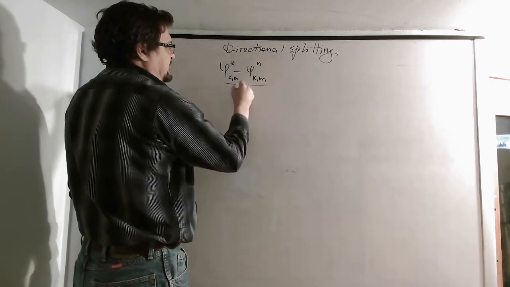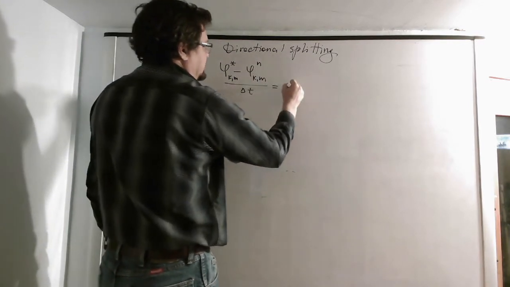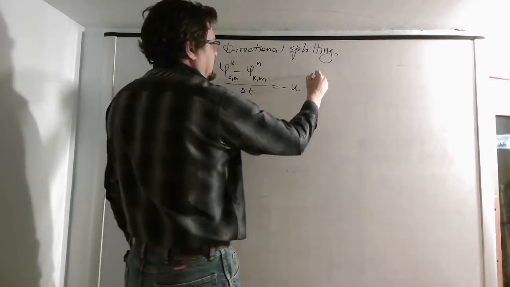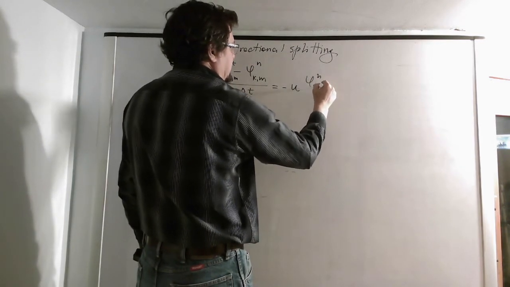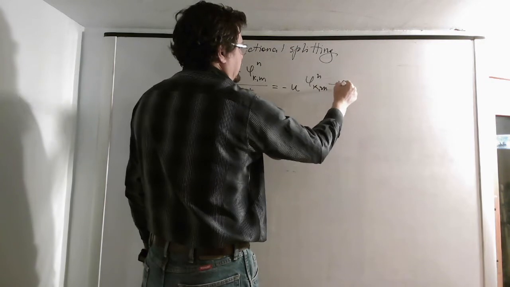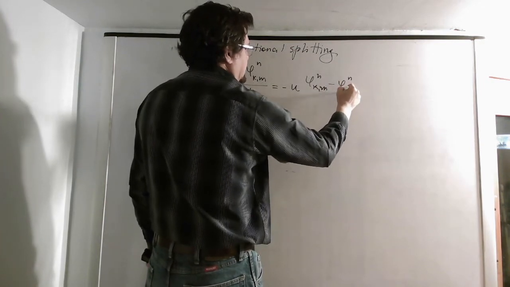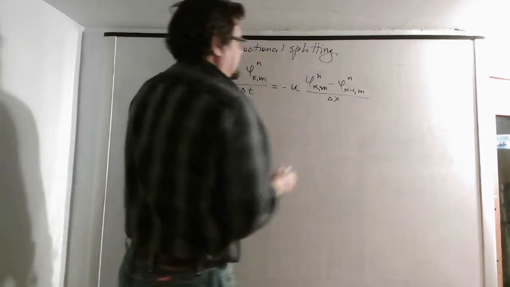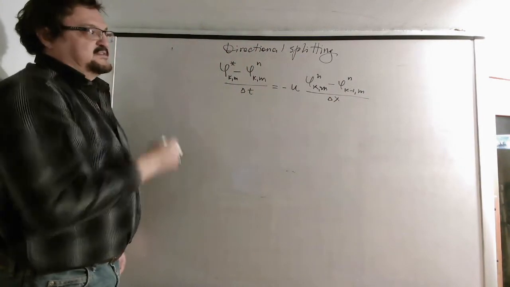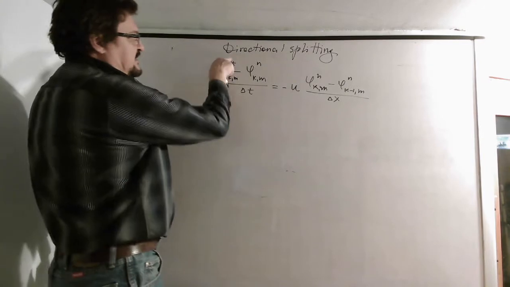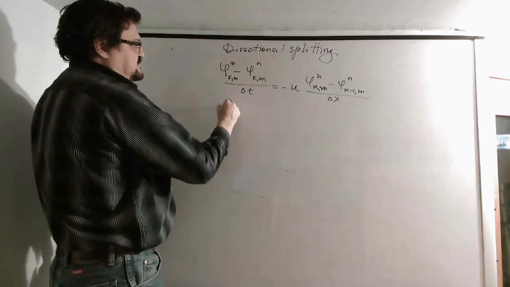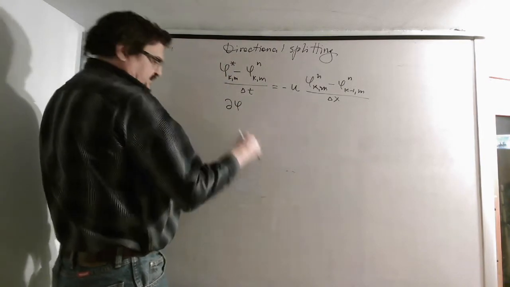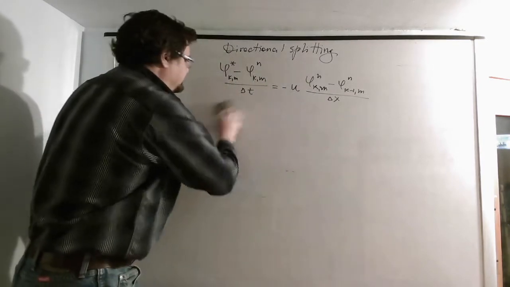you have this provisional phi star k m minus phi k m n, divided by delta t, equals minus u times phi n k m minus phi n k minus 1 m, divided by delta x. So this is your upstream bias scheme in the x direction, and then you use the solution from that to drive the solution in the y direction.